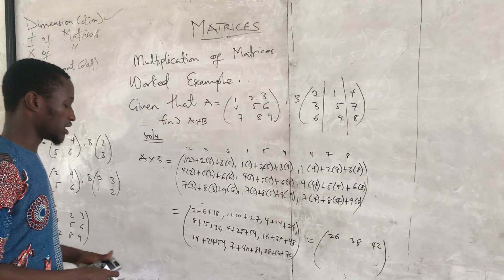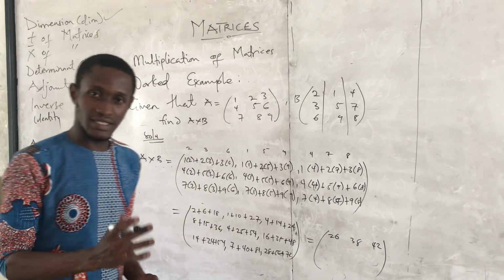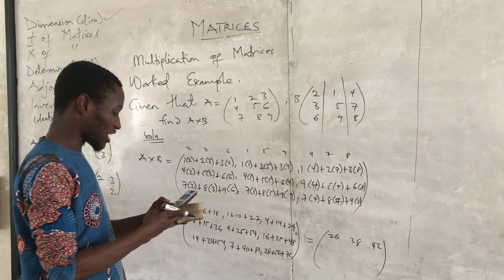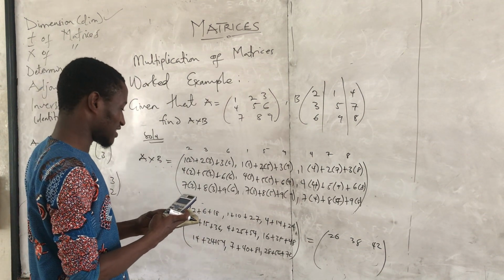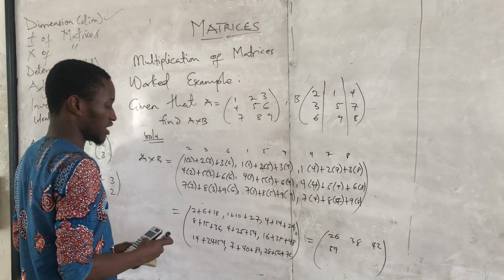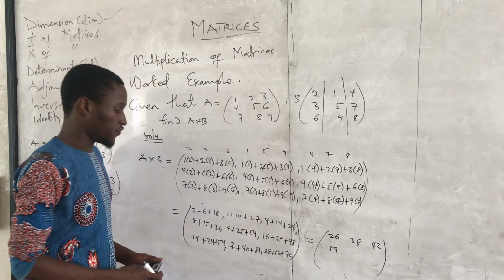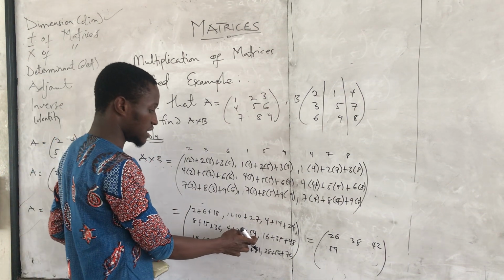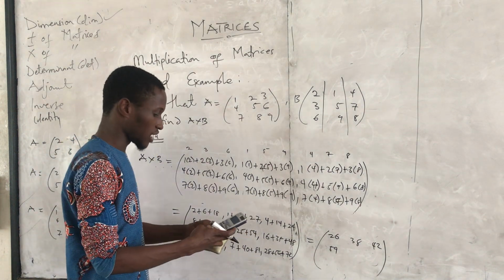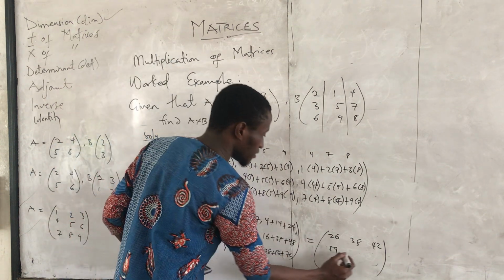And the second row becomes 8 plus 15 plus 36. If you are not too sure, like I'm not sure, I'll use my calculator. 8 plus 15 plus 36, 59. I have 59. Then 4 plus 25 plus 54 gives me something like 83. But let me use my calculator. 83. So I'm right.